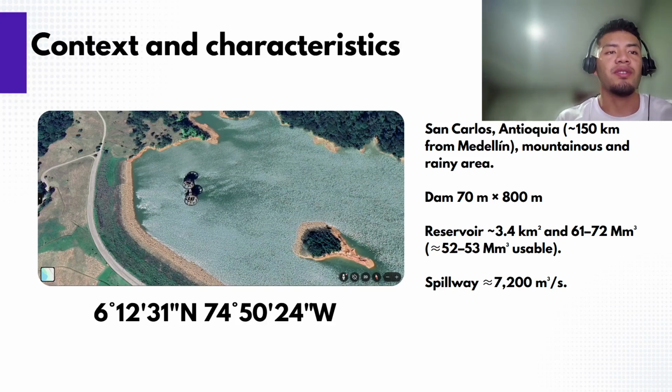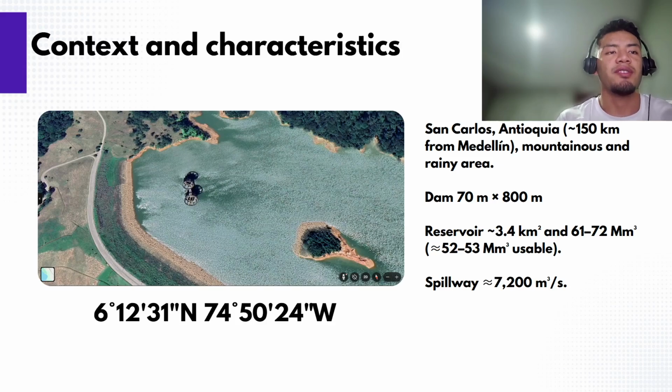Geographic context and site characteristics. The project is in San Carlos, about 150 kilometers east of Medellin, in a mountainous area with heavy rainfall and fast response watersheds. The dam is 70 meters high and 800 meters long.